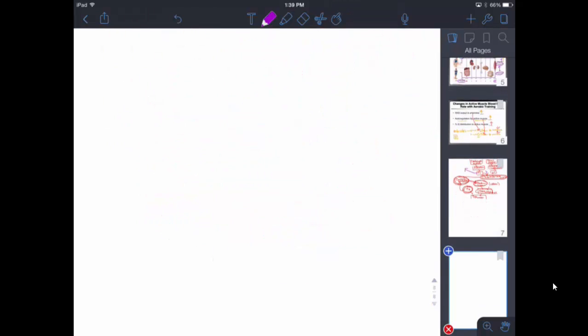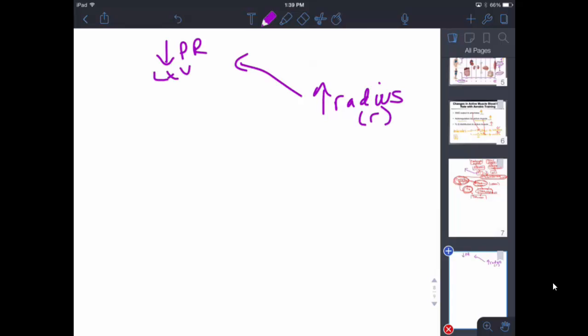Okay, so we get an overall increase in radius in the body. This is going to decrease peripheral resistance because this is R. This is length times viscosity over R. Okay, so if R goes up, PR goes down. Okay, and we've already talked about this. Peripheral resistance also contributes to an increase in VO2max.